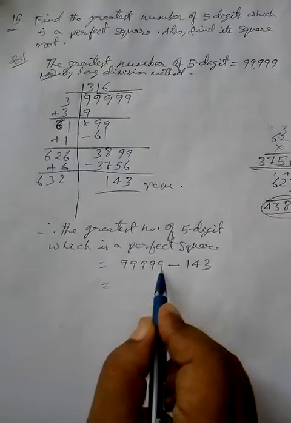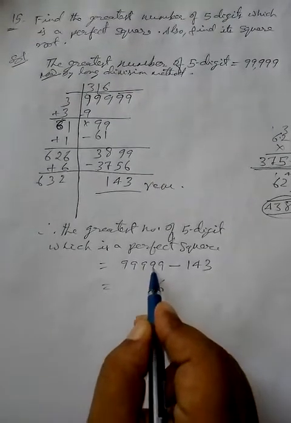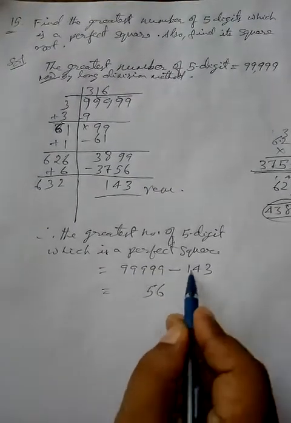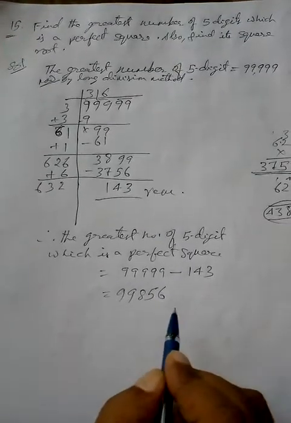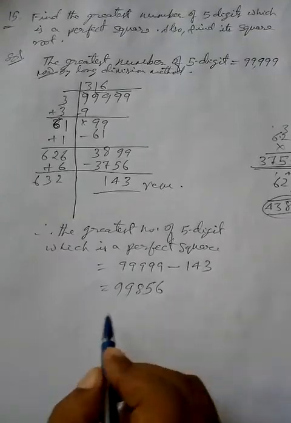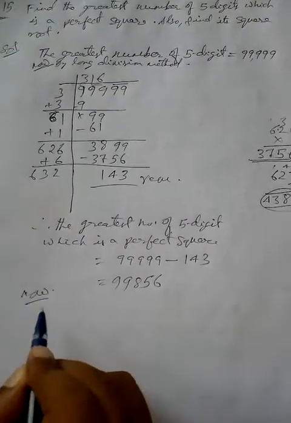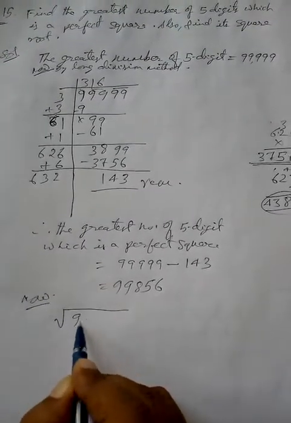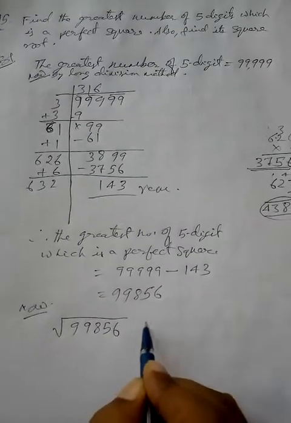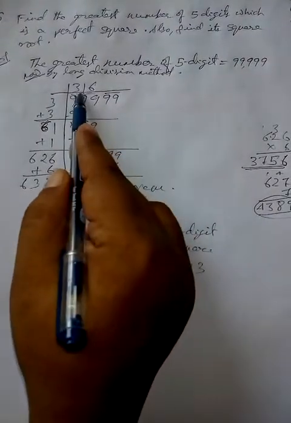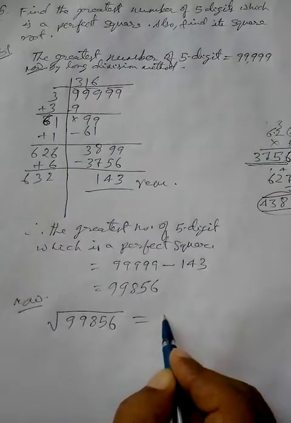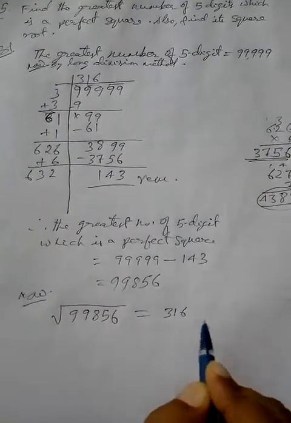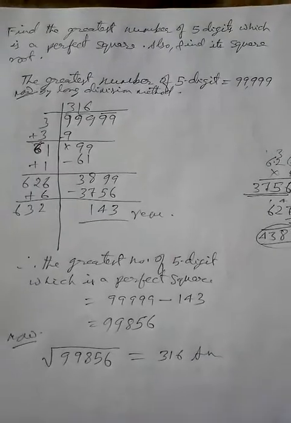We will get 9 minus 3 is 6, 9 minus 4 is 5, 9 minus 1 is 8, and 99. So 99856 is the greatest number of 5 digits which is a perfect square. Now the square root of 99856 is 316. 316 is the answer. Thank you.